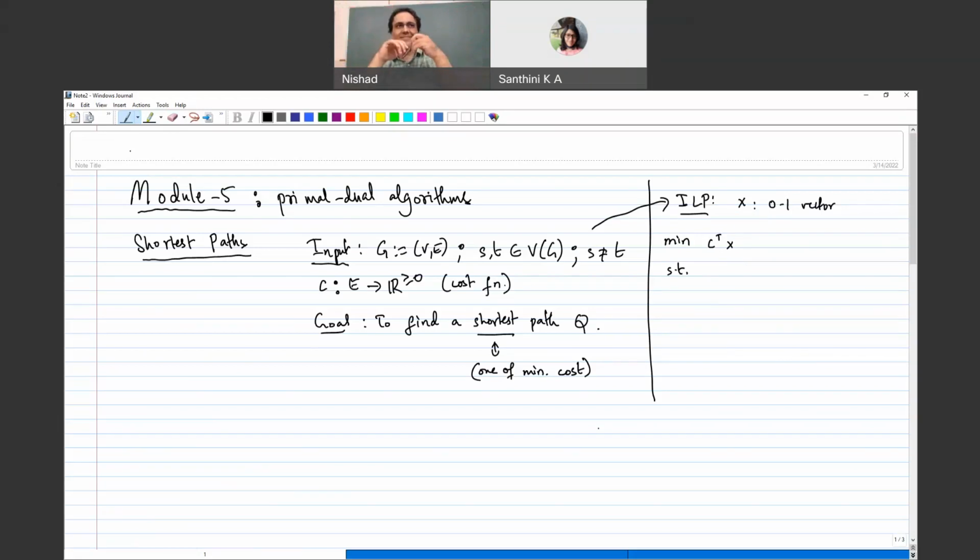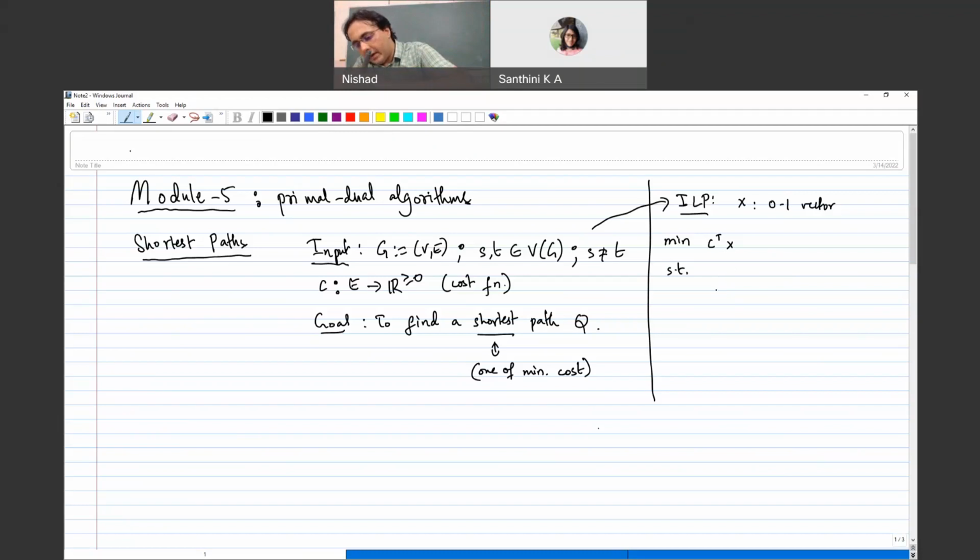I'll give you a hint. It's related to cuts. It meets every cut, right? So you want the set of edges selected to meet every ST cut. If there's a single ST cut that it doesn't meet, then it can't contain an ST path, right? Okay, so that's our constraint.